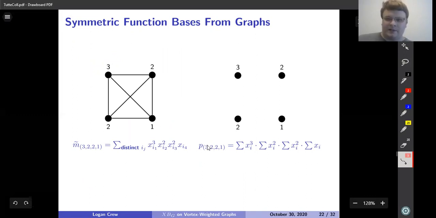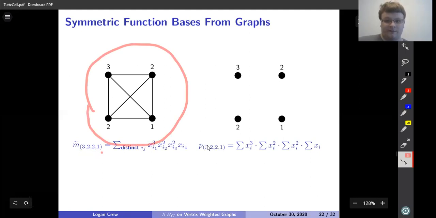One basis of symmetric functions is taken by summing this monomial corresponding to a partition. And so a partition here is a multi-set of positive integers. So in this case, we define this monomial symmetric function corresponding to 3, 2, 2, 1 to be, we can view it as the chromatic symmetric function of this graph.